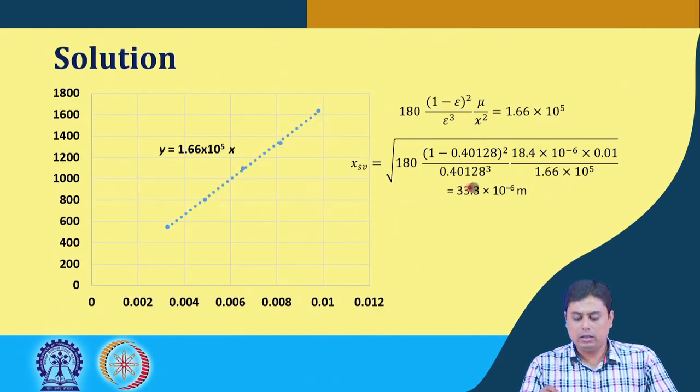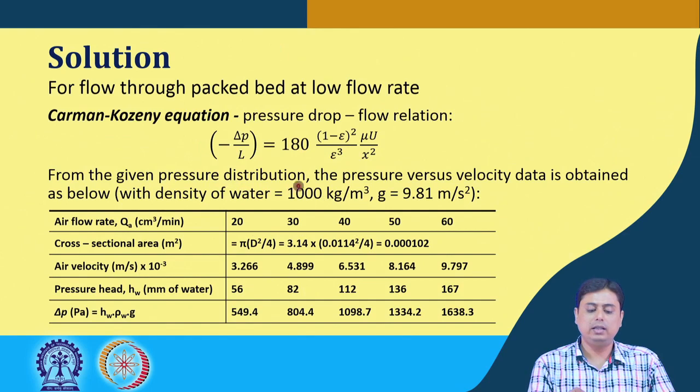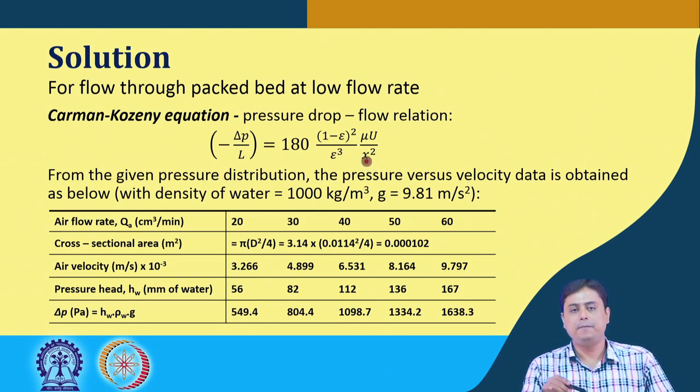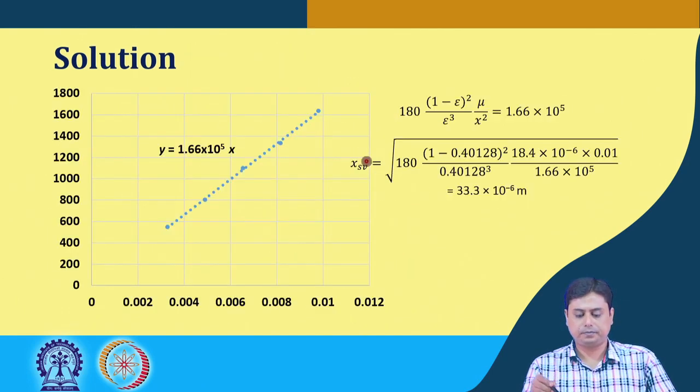In other words, the diameter that is used in the Kozeny-Carman equation is nothing but the surface mean diameter, the surface volume mean diameter. It represents the surface volume mean of the particle, or the collection of particles that is there in the packed bed or the permeability apparatus. That gives us the value of 33.3 micron for the particle size of the powder sample.